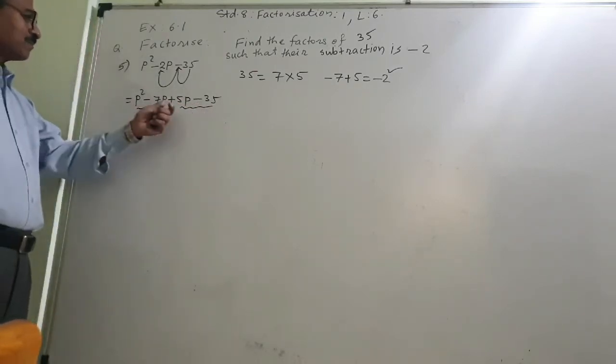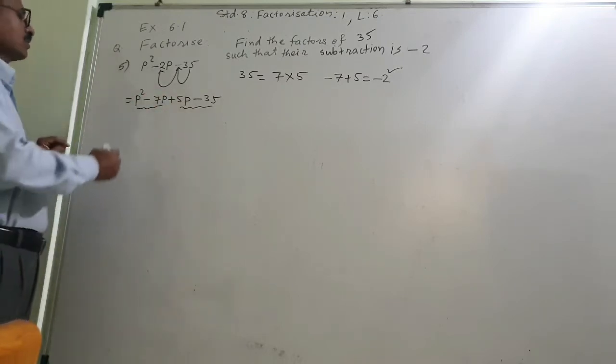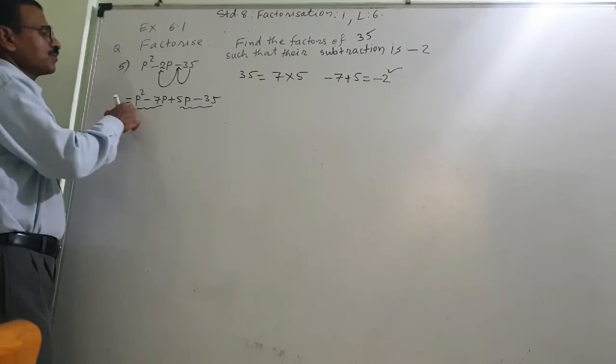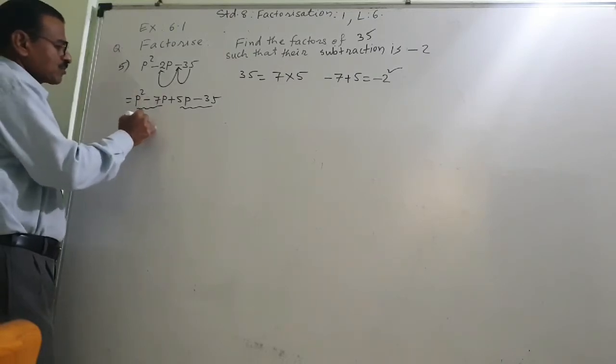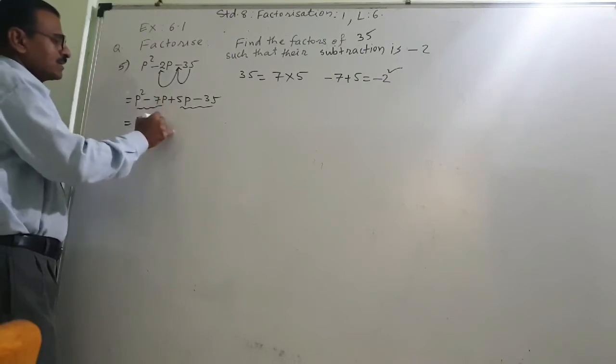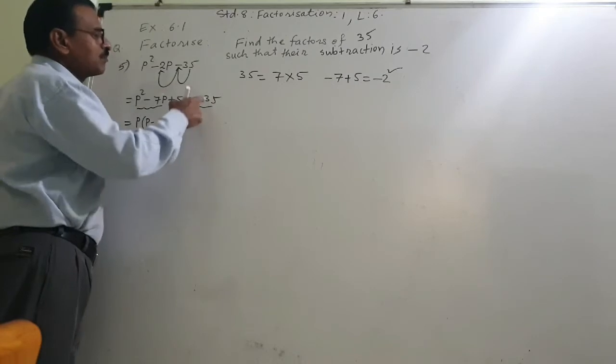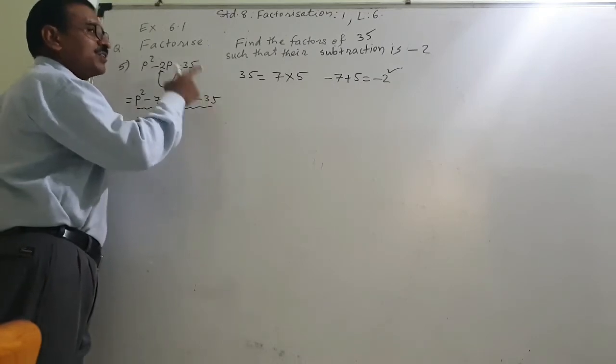Somebody can write this 5p first and 7p afterwards, no problem. Now, what is common? This is p into p, this is 7 into p, so p is common. Here p remains, minus this p taken, 7 remains. Now plus 5 is taken, because 35 is 7 into 5.